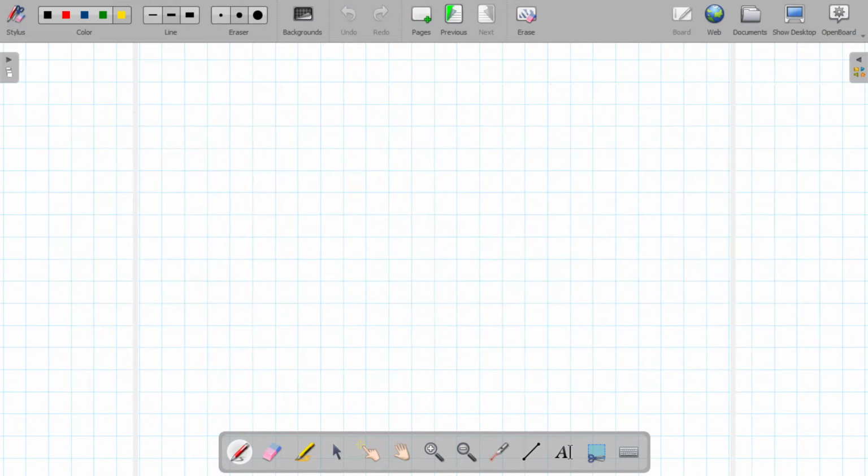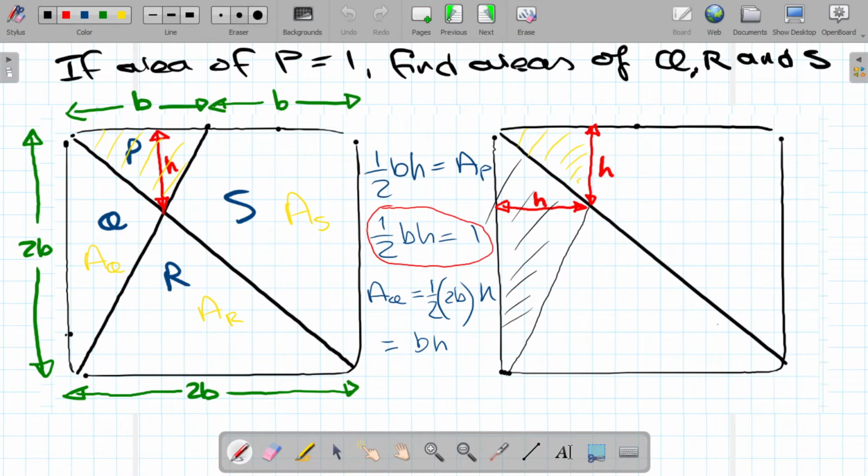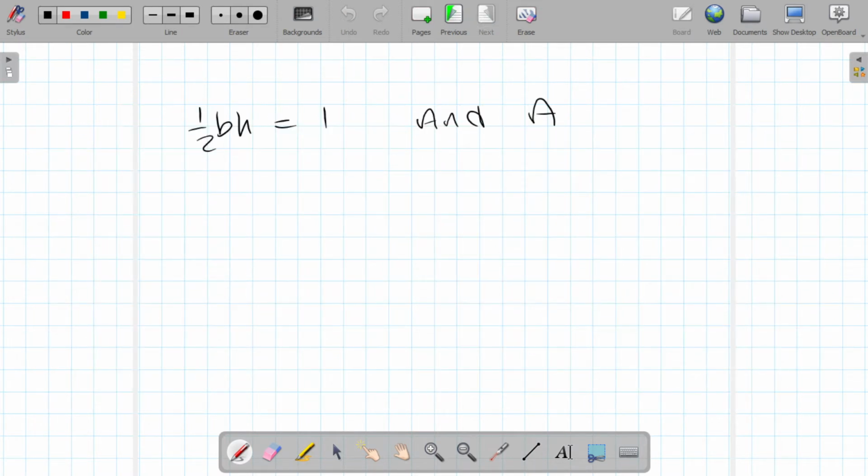So if we go on to another page, we've got a half base times height equals 1. And the area of Q is equal to a half times 2B times H, which is B times H.